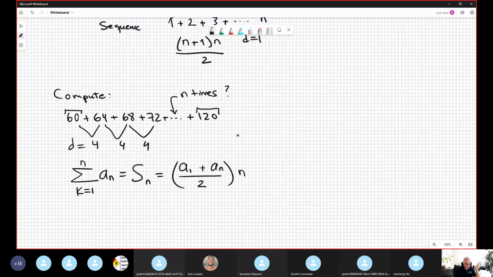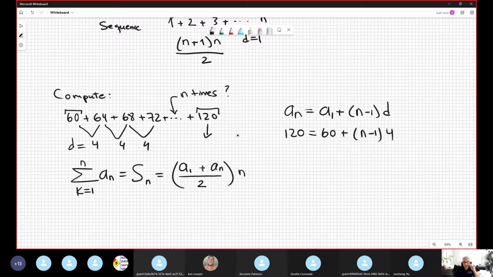How do you find that? Easy, because I know the complementary formula: a sub n is equal to a sub 1 plus n minus 1 times d. I know that a sub n is the last one, because I want the position m here, is 120. The first term is 60. M is exactly the same I am looking for. It's super easy.